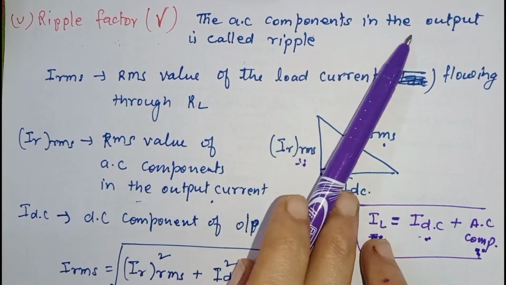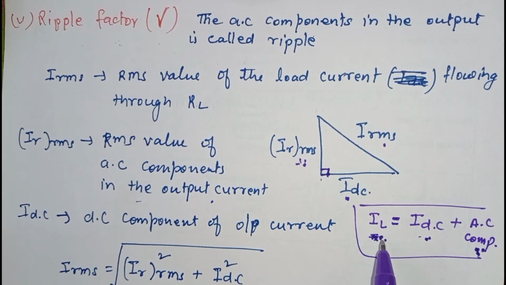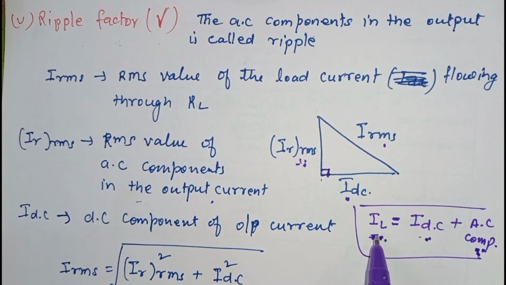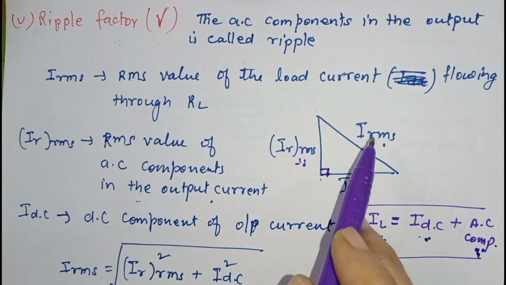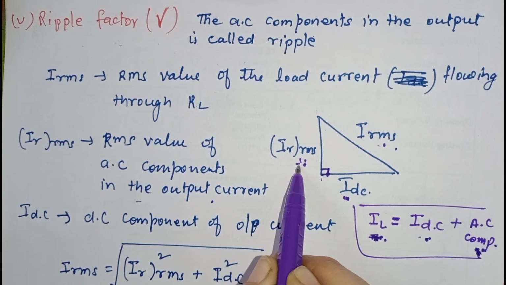Now we will calculate ripple factor. Ripple factor is the AC component in the output, and we know that the current flowing through the RL is equal to IL, and this IL has both DC component and AC component. The RMS value of this IL is IRMS and this is IDC, and the RMS value of this AC component is this.